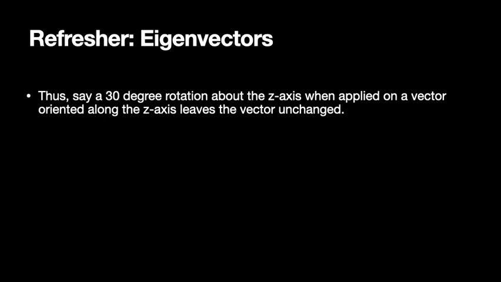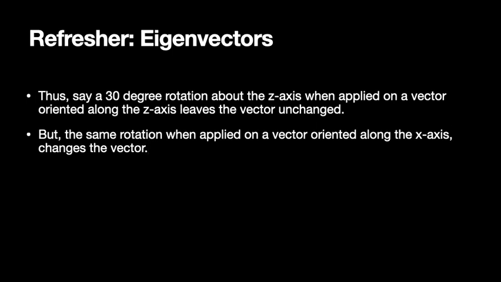However, if the original vector is pointing around the x-axis or the y-axis or some other direction, and I rotate this vector by 30 degrees around the z-axis, or rotate the coordinate axis by some angle, our view of the vector will change.